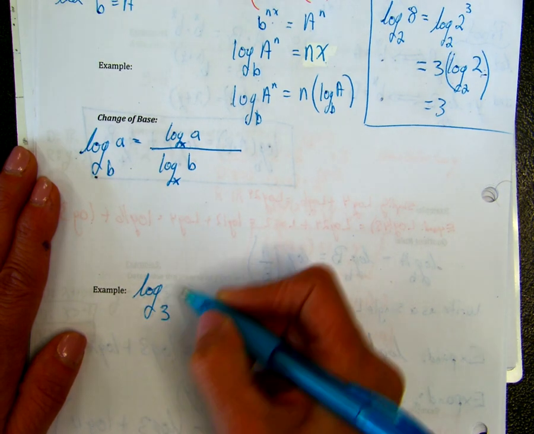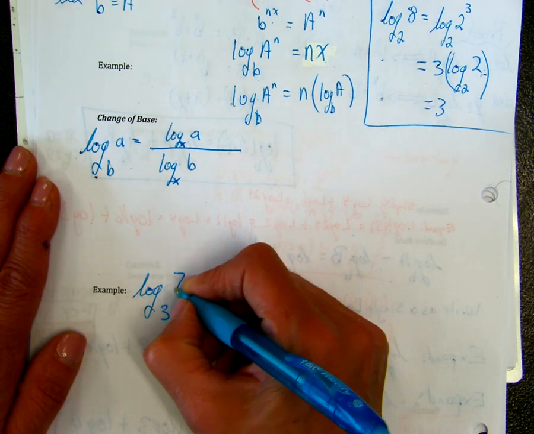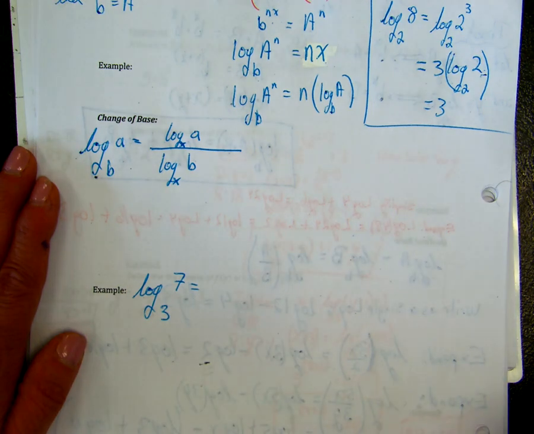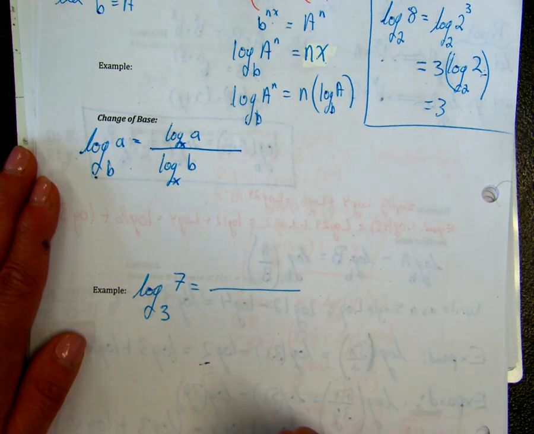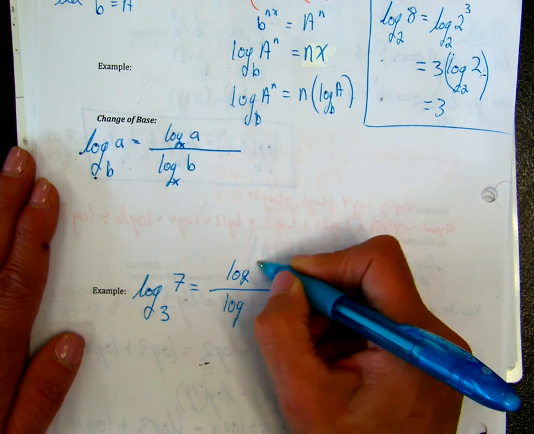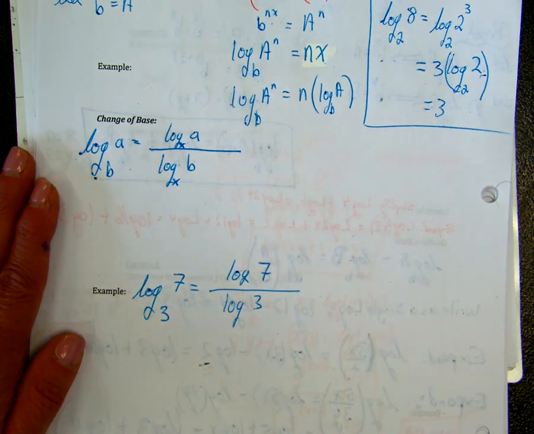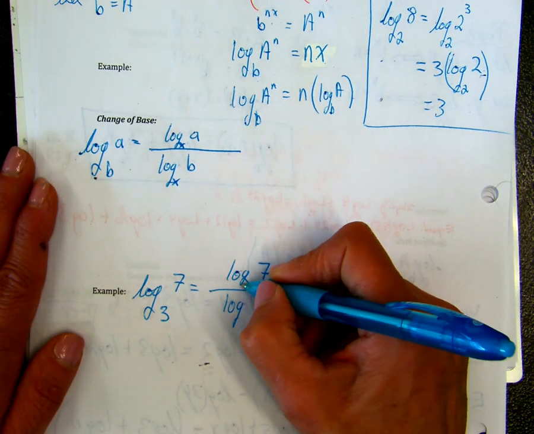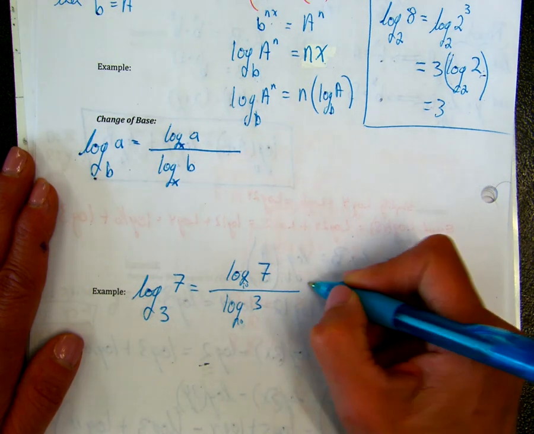Log to the base 3 of 7. To what power do I raise 3 in order to get 7? I'm going to change the base so I can use my calculator. I'm going to do log over log. 7 goes on the top, 3 goes on the bottom. I'm going to use my calculator. This is base 10. Plug it in.